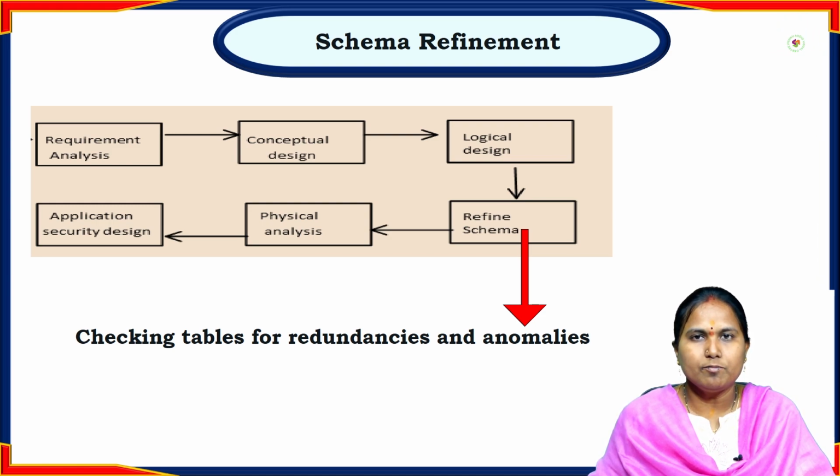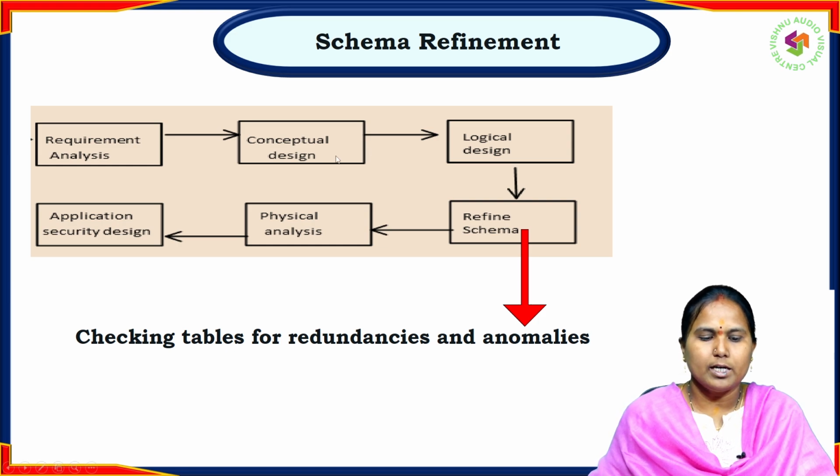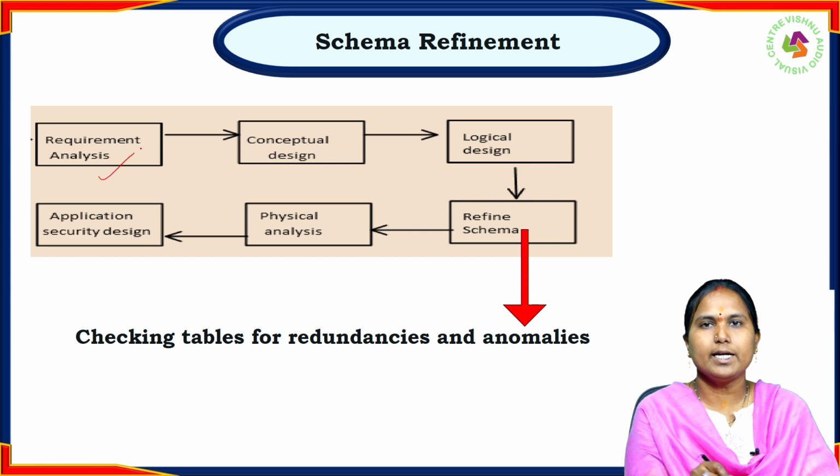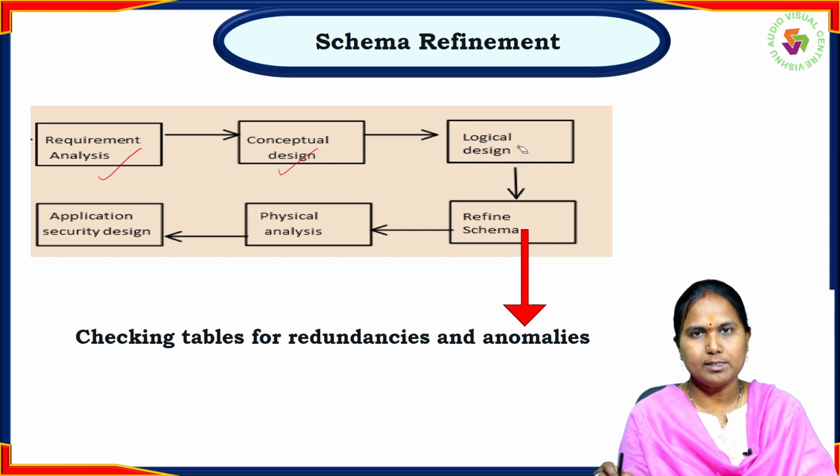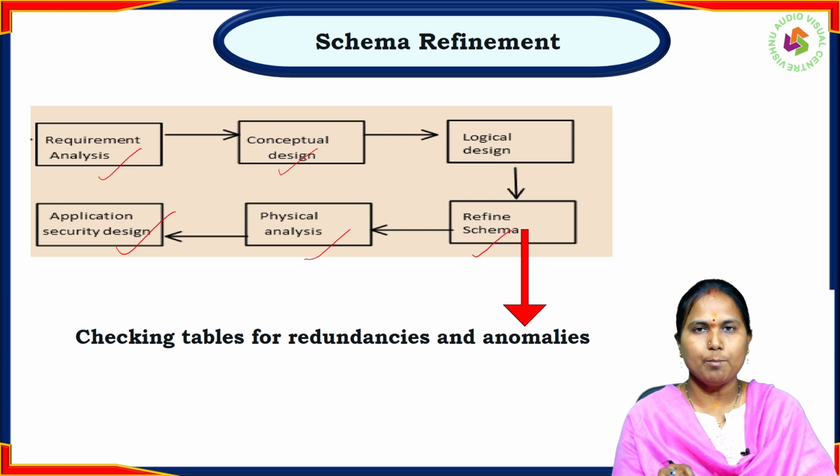In the software development life cycle, the first phase is requirement analysis, the second is conceptual design, the third is logical database design, the fourth is schema refinement, the fifth is physical design, and the last is application and security design.